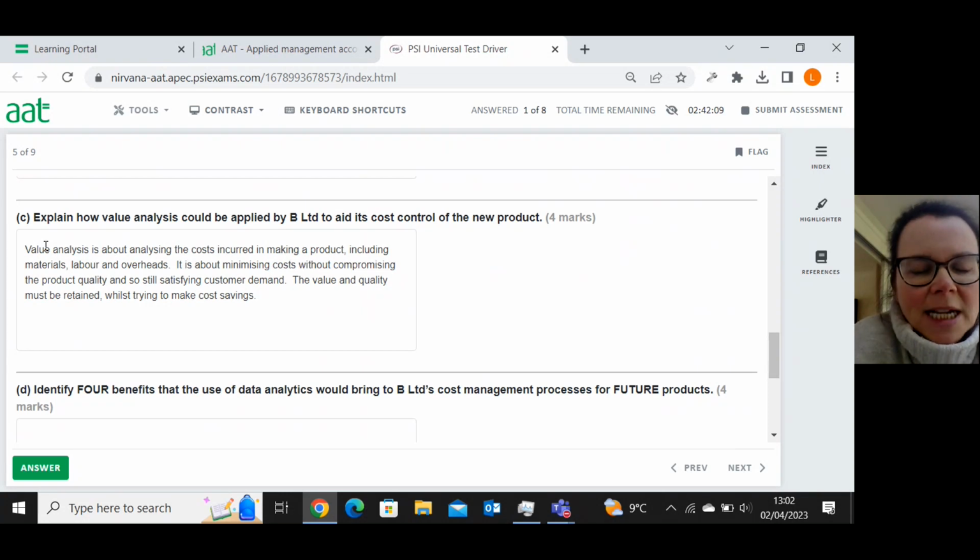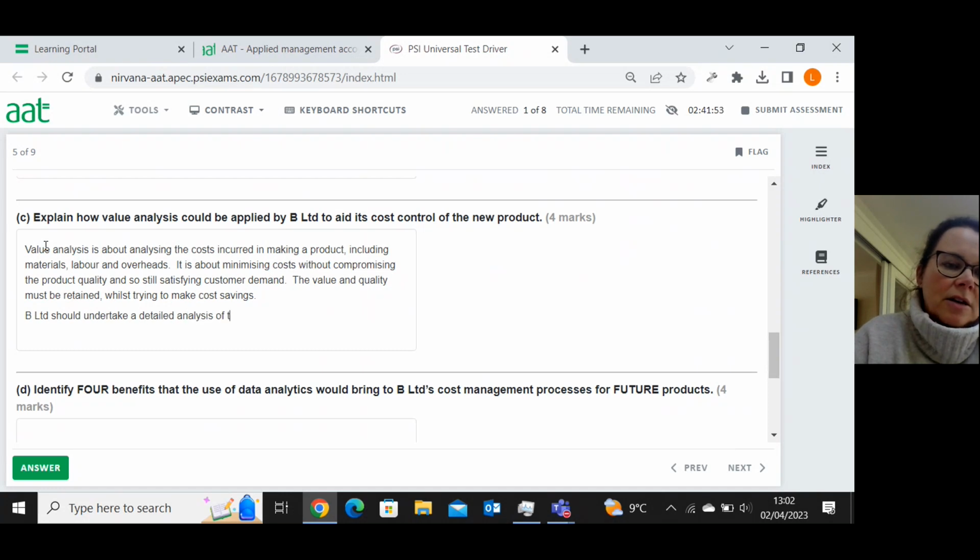Explain how it could be applied by B to aid its cost control of the new product. I feel like I need to say a bit more about the application. So B Limited should undertake a detailed analysis of the costs of materials, labour and overheads being used to make the product, to see if any cost savings can be made.